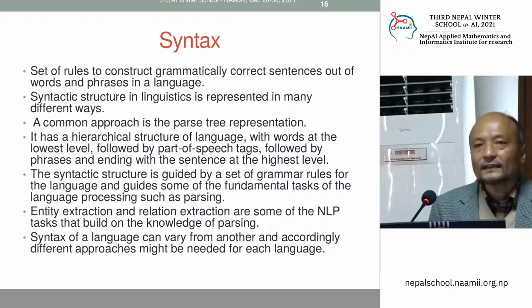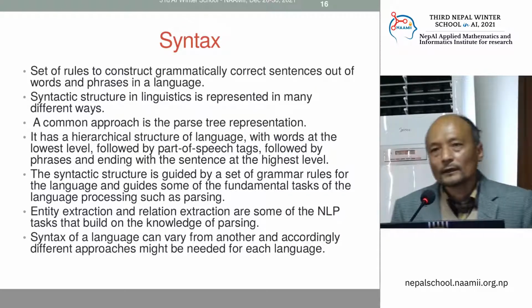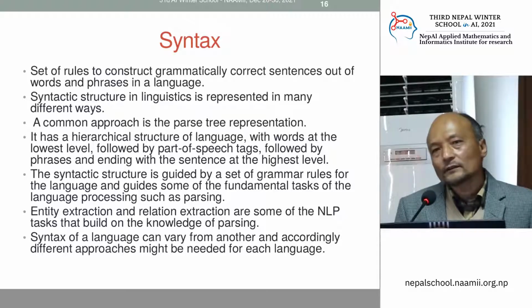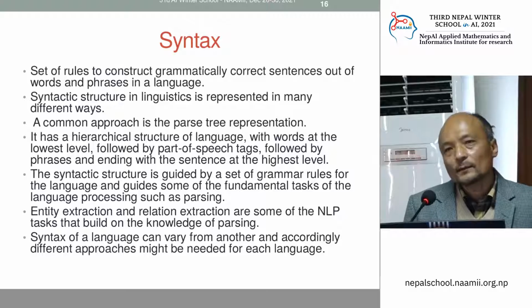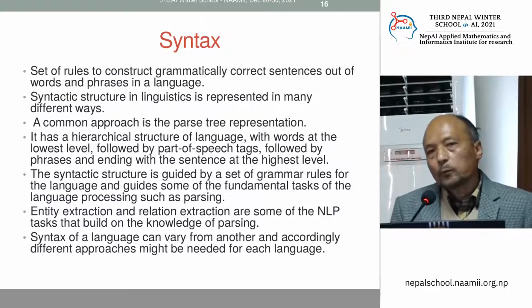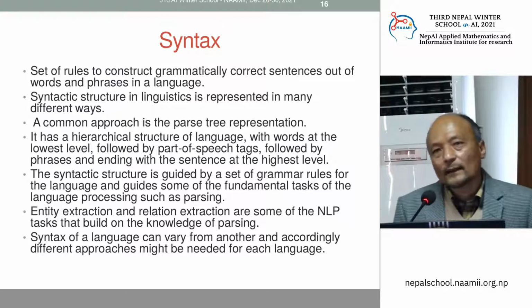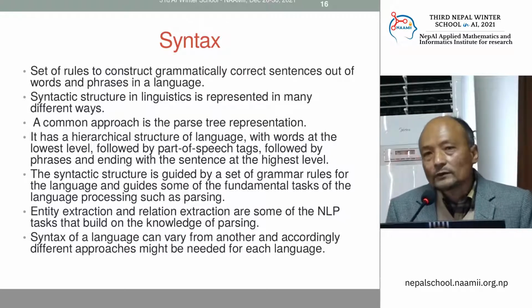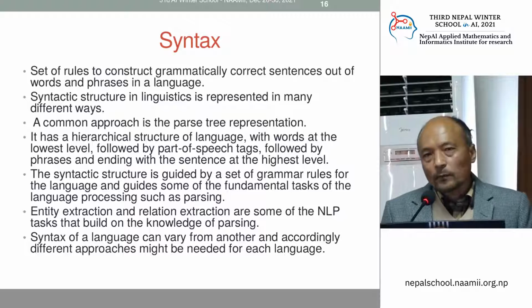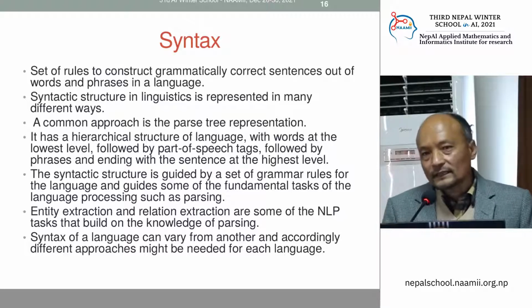And parse trees are really important, sometimes it also helps to disambiguate the meaning, right? So we have this very popular example: I saw the boy with a telescope, right? Whether the boy has a telescope or you are seeing that boy with that telescope, right?